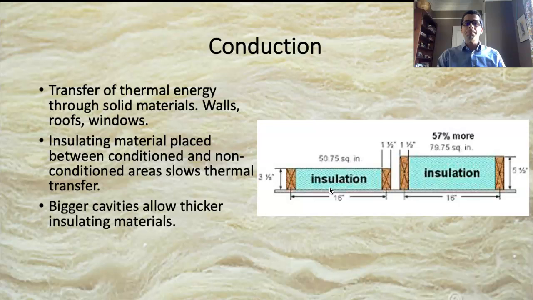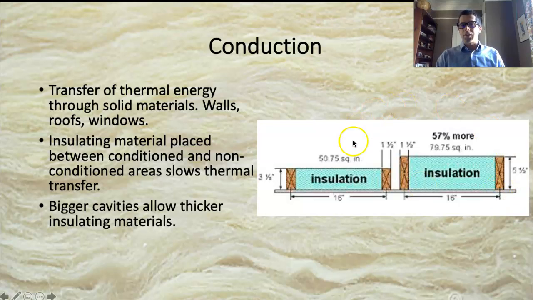Like I said before, one really easy way to up the insulating value of your house is to make the cavity bigger. One of the first things we did with the CR houses when I took over is we switched from 2x4 construction to 2x6 construction. The only reason was because we could get thicker insulation in the walls.